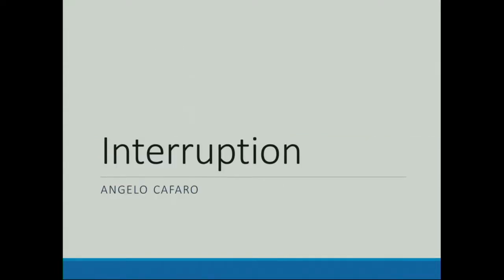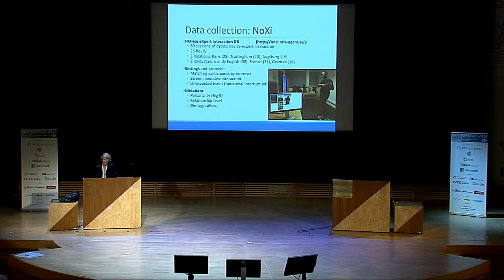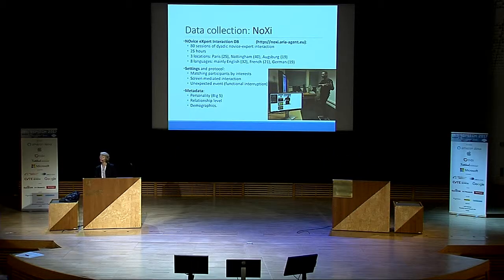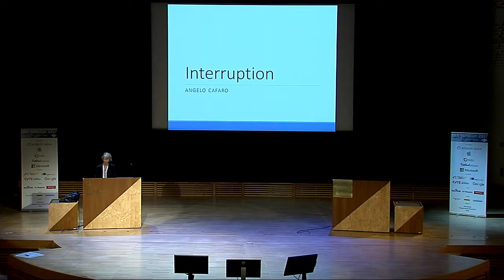Okay, so I forgot to mention that in the scenario, at specific moments, we created unexpected events. Like the expert, we told him that he's going to receive a phone call. So we gave him a mobile, and we called him up, and he answered. And we could see how the other interactant, the novice, reacted to this interruption.